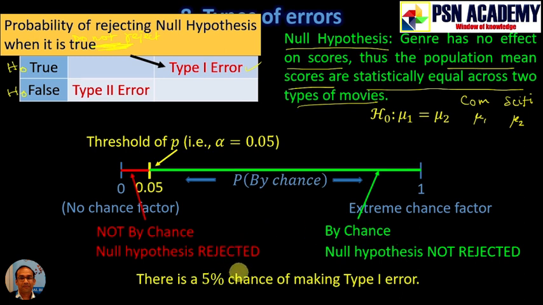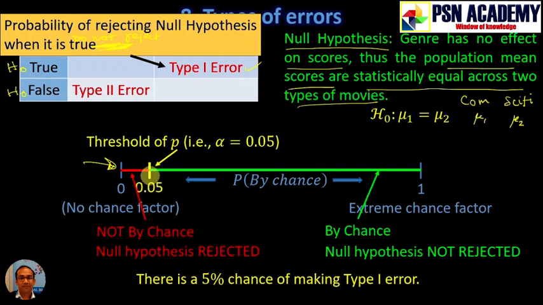Now this is the thing, that there is a 5% chance of making type 1 error. That means when you are going for rejecting, so this portion is rejecting, right? Now when you are rejecting the null hypothesis, you have a chance of 5% error or 5% mistake, right?